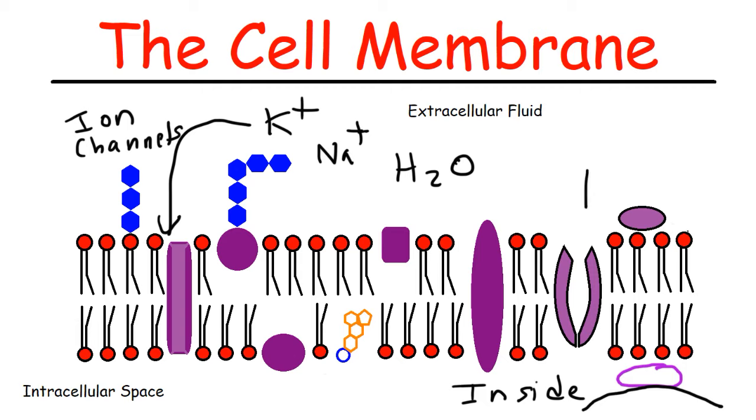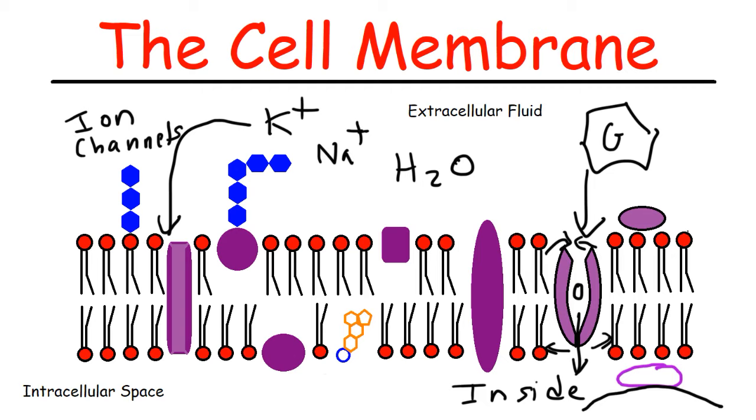Now this right here is an example of a carrier protein. Let's say you have a big molecule like glucose. The carrier protein can take in glucose, and then this part can close, and this part will open, and then glucose will travel through. Glucose is a big polar molecule. It can't simply diffuse through the membrane, so it needs the help of a carrier protein to get it across the membrane.